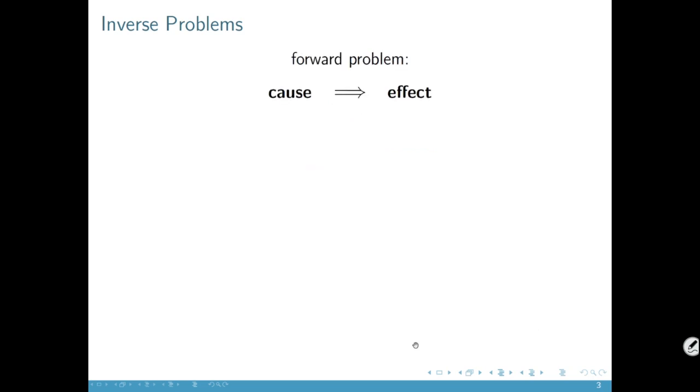Okay, so the simple picture of this is that looking at an inverse problem, we first of all have a forward problem in mind. So that's the PDE with boundary conditions and so on and so forth, usually what is considered in PDE analysis and numerics. So that's the connection between cause and effect, usually called the forward problem.